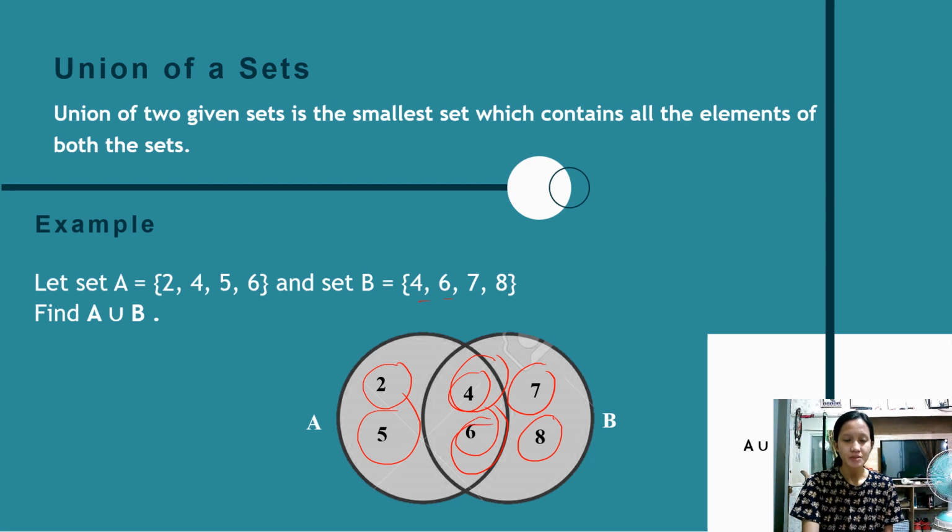So for set A and set B, we will write the repeated elements once only. For the illustration, the center of the diagram is the intersection of the sets, which will be discussed later.